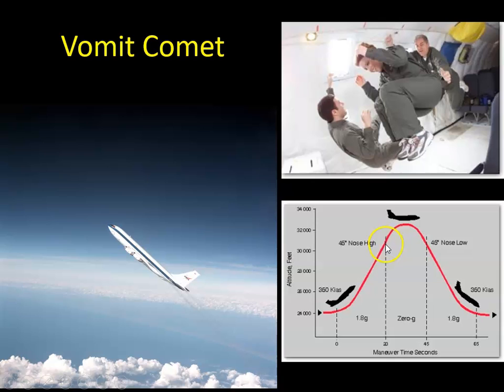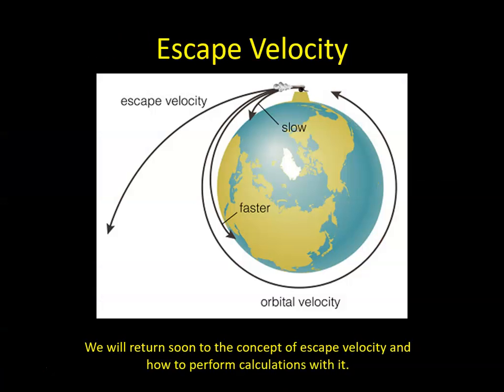But in any case, they accelerate upward, and once they get high enough and they're still moving in a bit of an upward trajectory, they cut off the engines and just allow the airplane to be a projectile. As that happens, the passengers feel weightless, and you can perform physics experiments that require zero gravity. In fact, we're going to talk about some of those later in the course.